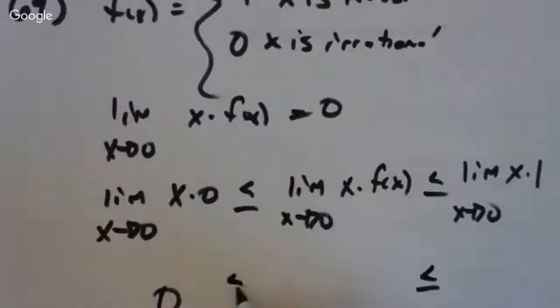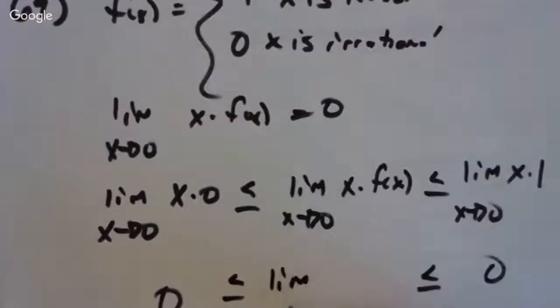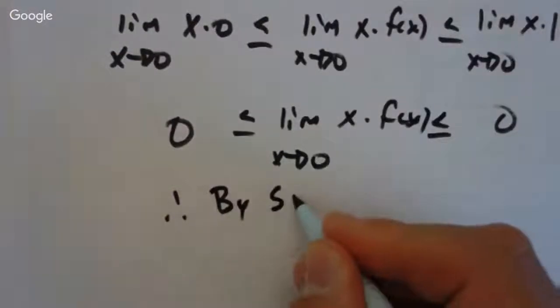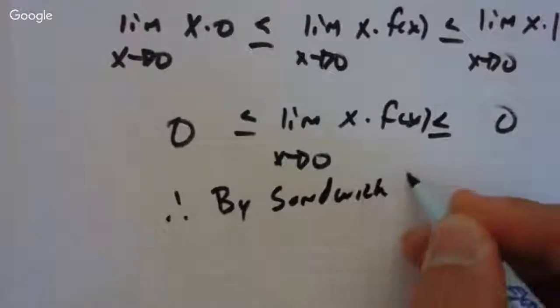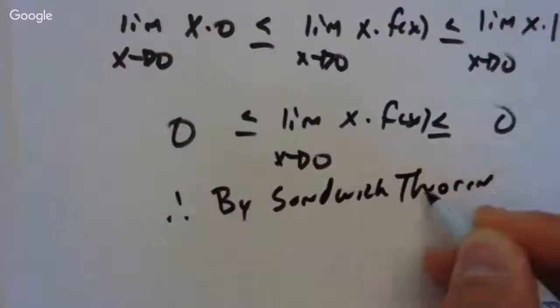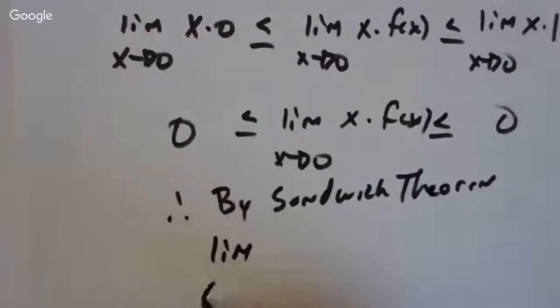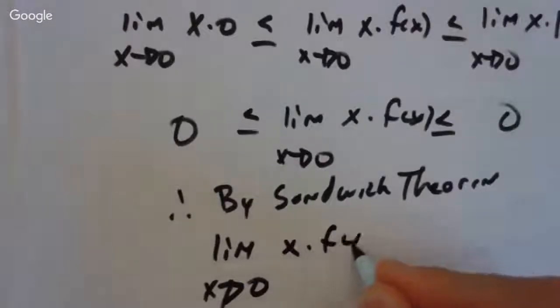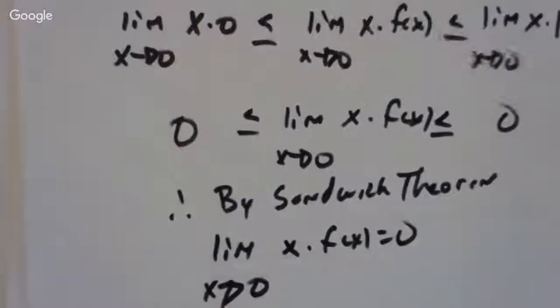So it's stuck between what? Because it's stuck between 0 and 0, it has to also be 0. So therefore, by the sandwich or squeeze theorem, whichever one you want to call it, because you're sandwiching it between the top and a bottom limit. Yep. There you go.